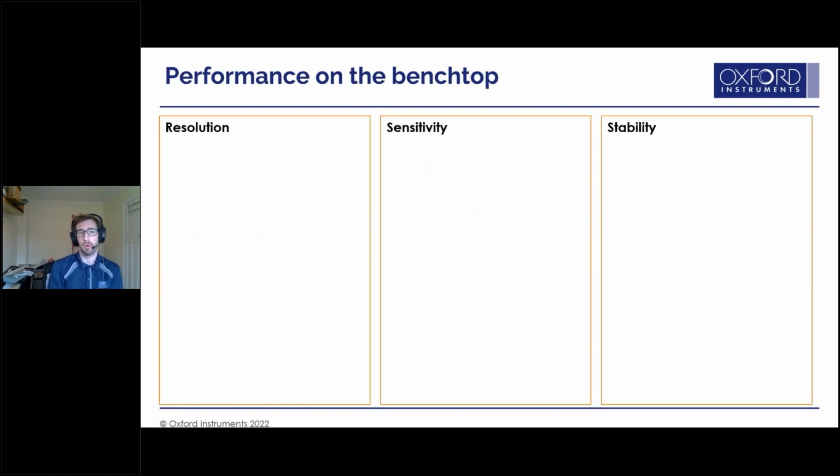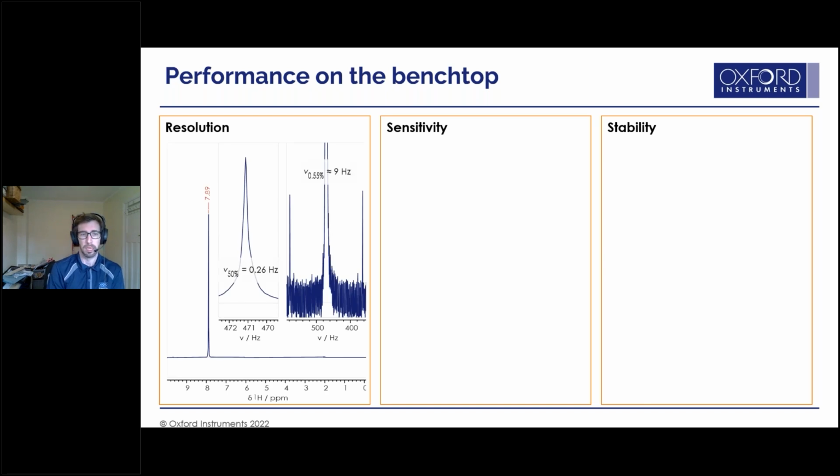But I talked about what that performance looks like, and we tend to break that down into resolution, sensitivity, and stability. For resolution and sensitivity, there are particularly well-defined measurements for what we would do with NMR.